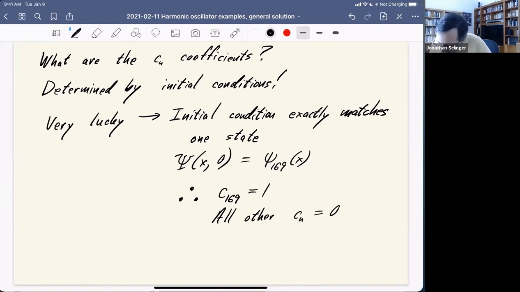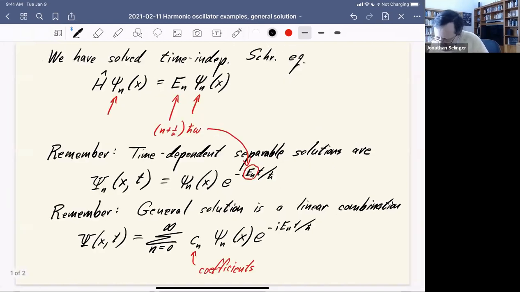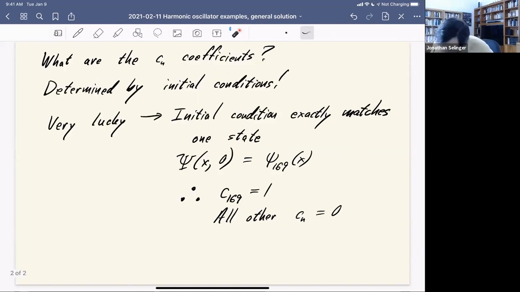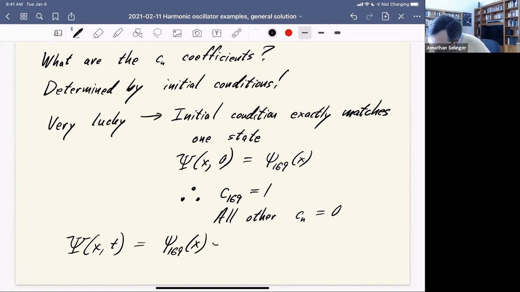So then we can put that into this kind of equation, and then we'll know what happens into the future. In the future, we will have that psi of x and t is psi 169 of x times the exponential of minus i E169 t over h bar.